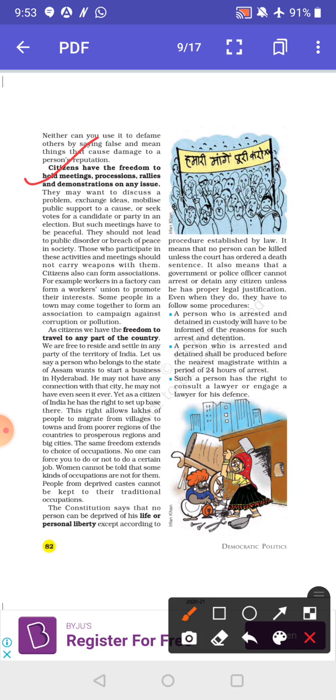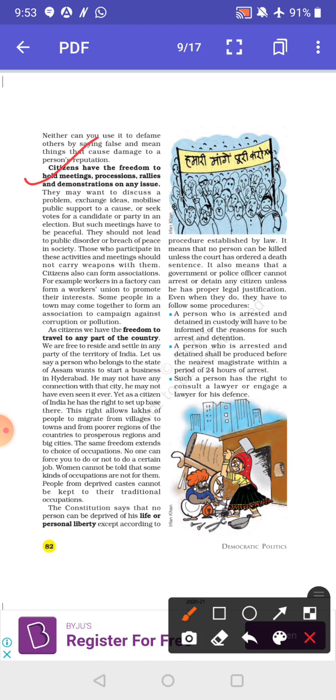If there is a group of people and they want to discuss any problem, exchange some ideas, get public support on any matter, or seek votes for a candidate or party in an election, they can hold meetings for such causes. They can even take out processions, rallies or demonstrations.